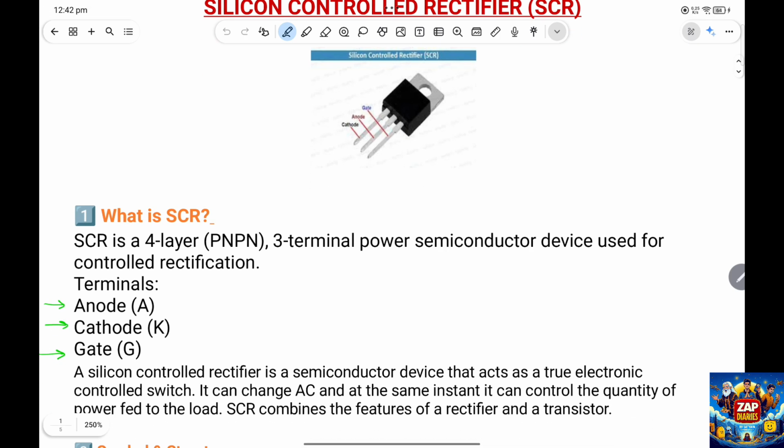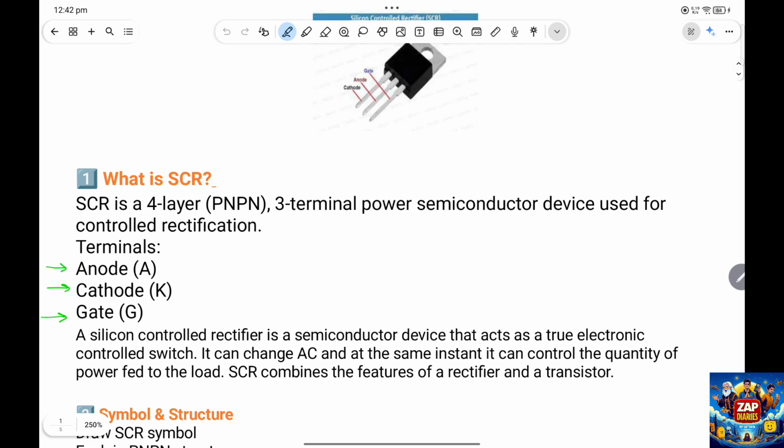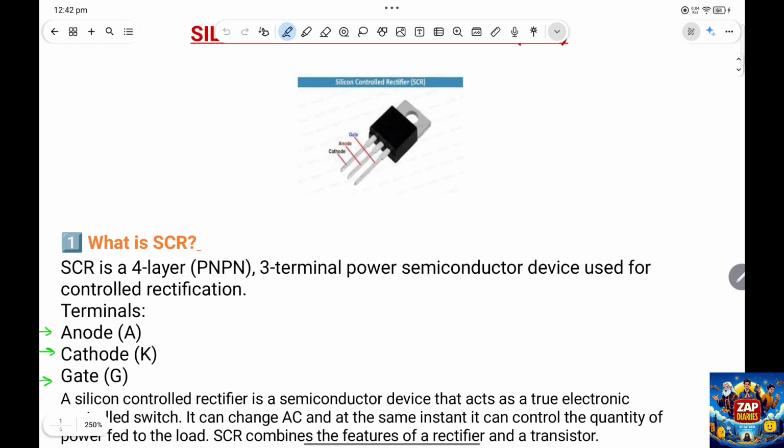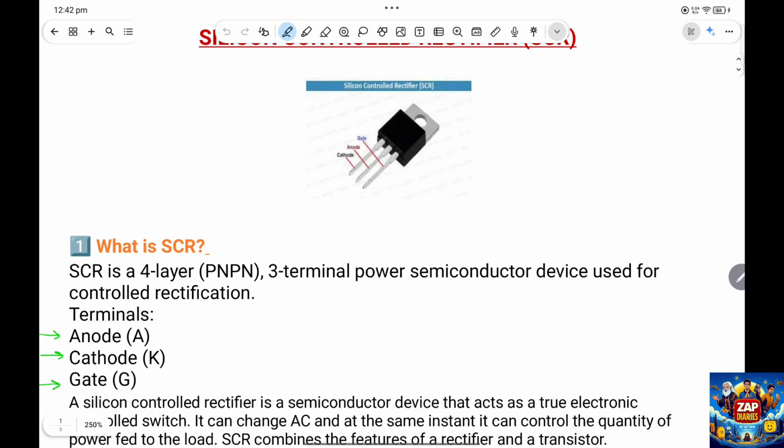Starting, what is an SCR? SCR is a 4-layer PNPN 3-terminal semiconductor device used for controlled rectification. I have a diagram of an SCR over here.